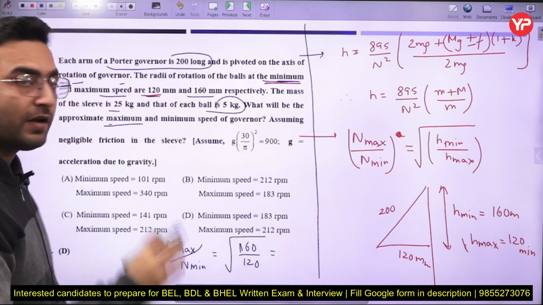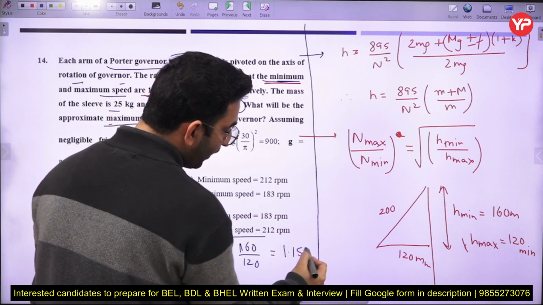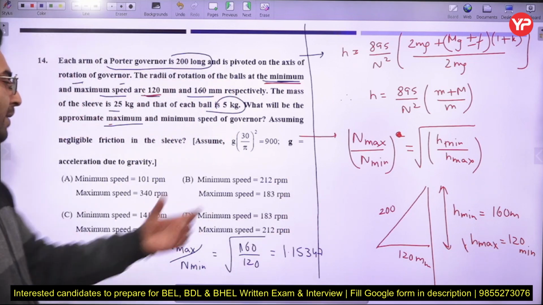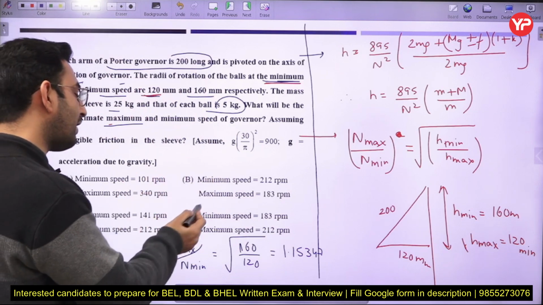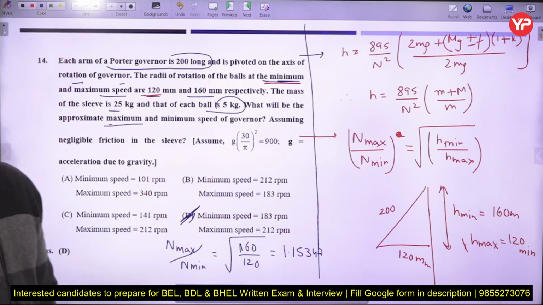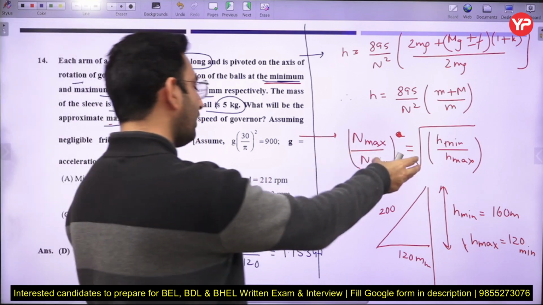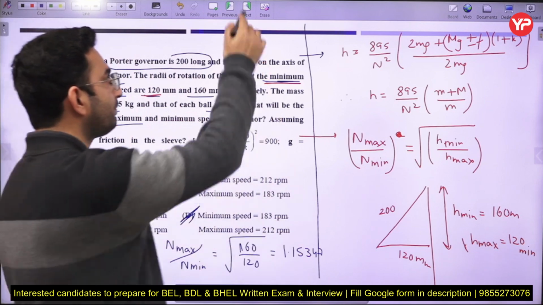And this value will come out to be around 1.15347. So just find out the values of the maximum by minimum speed in all the options here, and you will find option number D is going to be very, very close. So option number D will be the correct answer. You don't have to solve each and every part in this question. Just find out this ratio and compare it with the options here. That will be much easier for you.